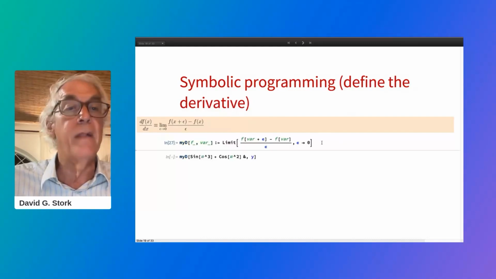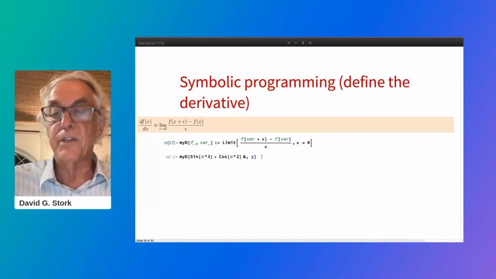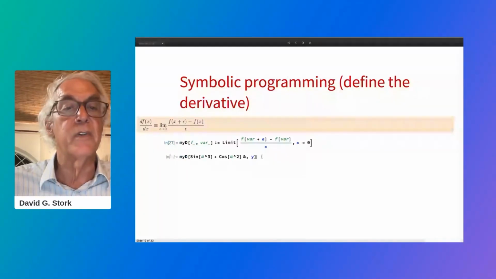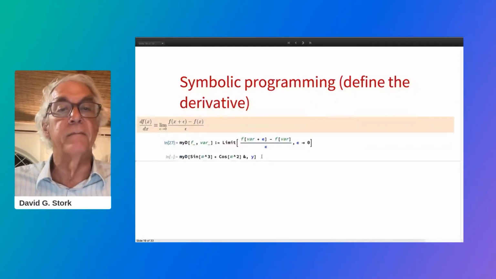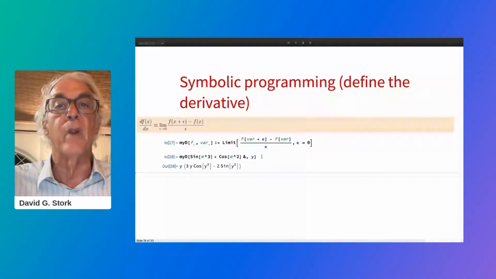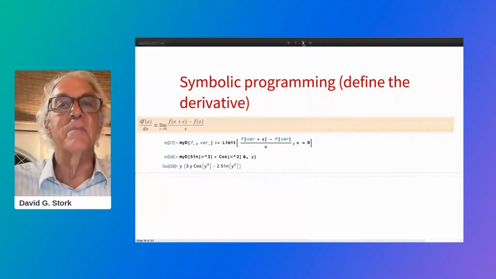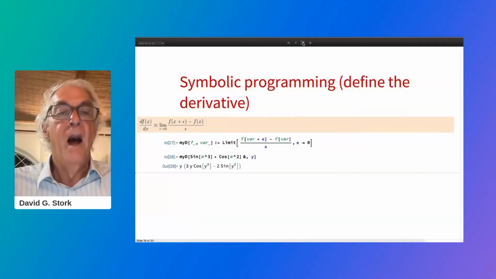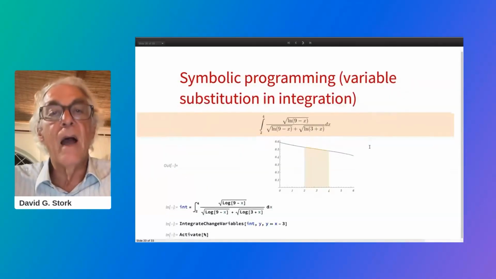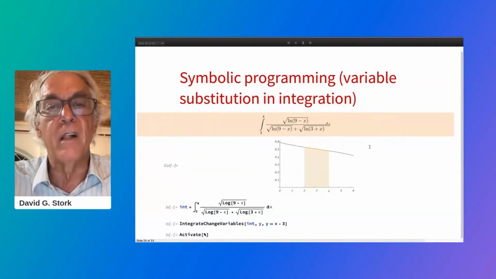Here I do it, and now I can take my derivative of sine of x cubed and cosine x squared and so forth, and it does this. This is a kind of programming you don't do in Python, you don't do in C++ and so forth. But again, it's how you use your mathematical knowledge to solve problems.